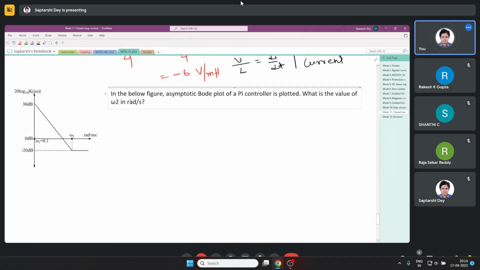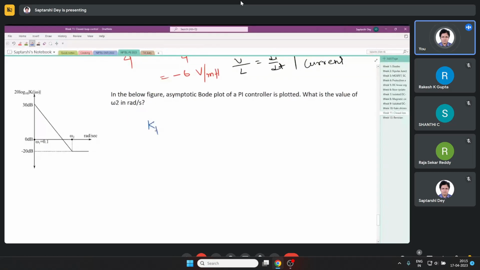In the below figure, the asymptotic Bode plot of a PI controller is plotted. What is the value of omega 2 in radian per second? PI controller, how does it look like?